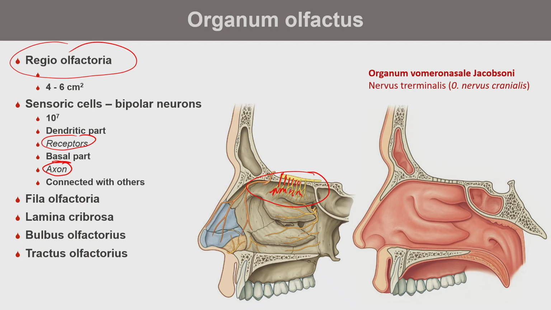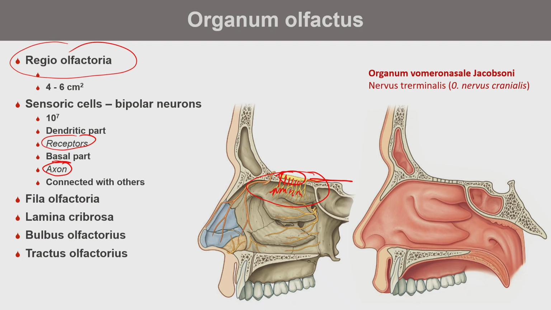There are some primitive networks between those neurons. So also here is a primitive association system of a nervous system. So olfaction is in reality part of the central nervous system. So from the bulbus olfactorius, information is then transmitted into the central nervous system.